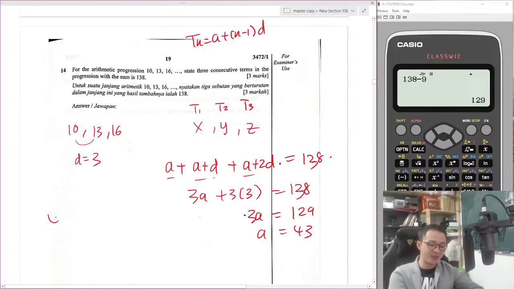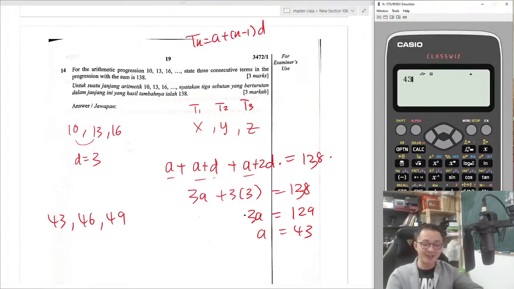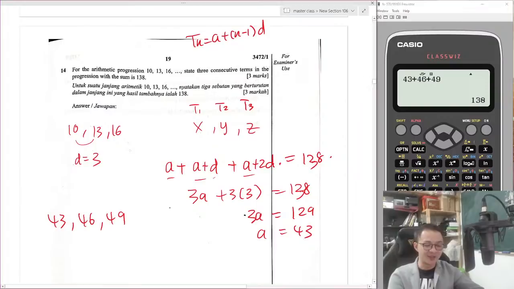That means my first term is 43. Next one is plus 3, 46. Next term is plus 3, 49. And I can test my answer: 43 plus 46 plus 49. Is it 138 or not? Yes, I get 138, so I know my answer is correct here.